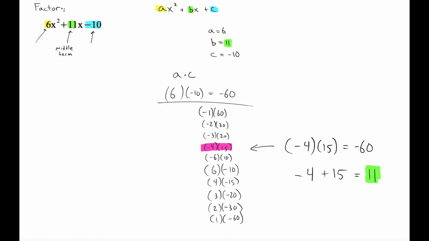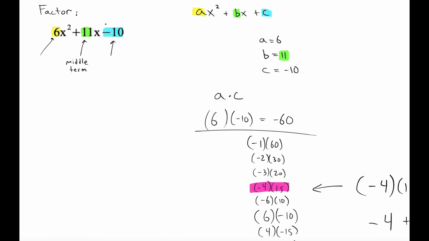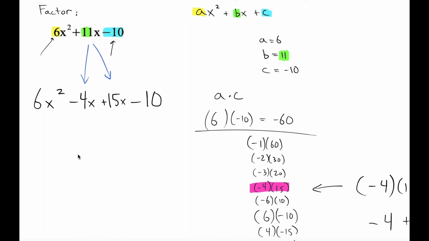Okay, so since that's the special combination that we need, let's go back to the trinomial, and we're going to rewrite the middle term. So you bring everybody down except the middle term, and you use those numbers to split up the middle term into two parts, negative 4x and 15x.